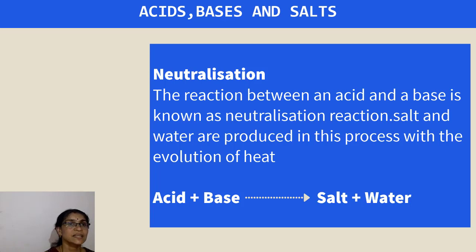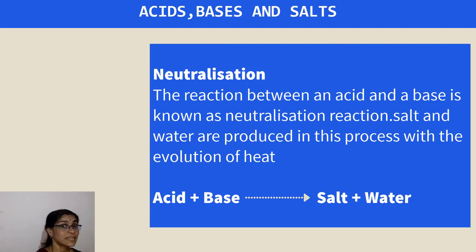In this neutralization reaction, acids combine with the base to form a new substance called salt and water. Heat is also evolved. For example, acid plus base gives salt plus water.